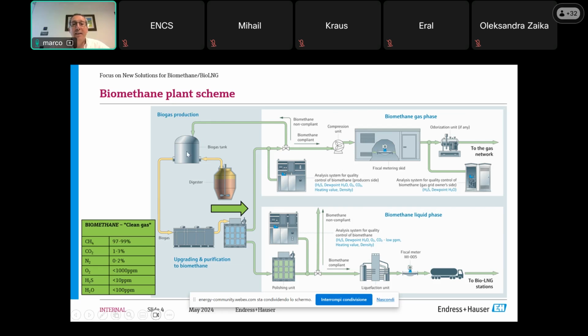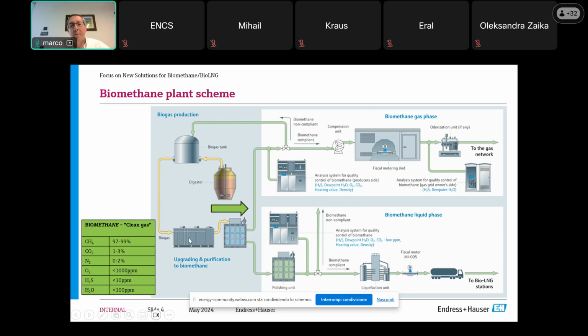From the tank, the biogas is sent to a first pre-treatment. Mainly, I have an activated charcoal filter to decrease the quantity of H2S, and then a cooler to dry the gas to a minimum level acceptable by the upgrading or polishing unit.